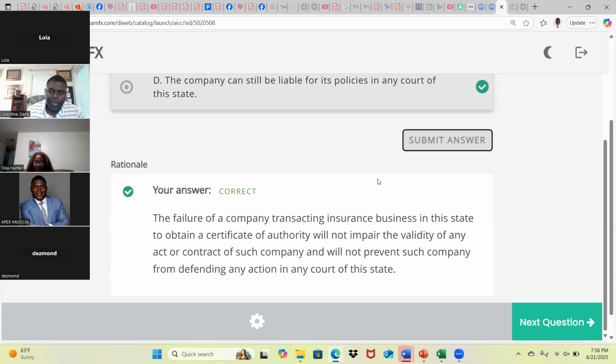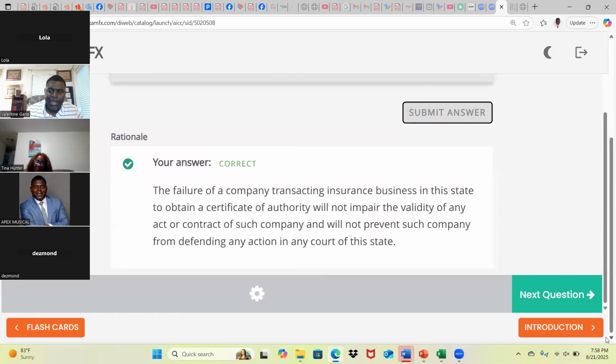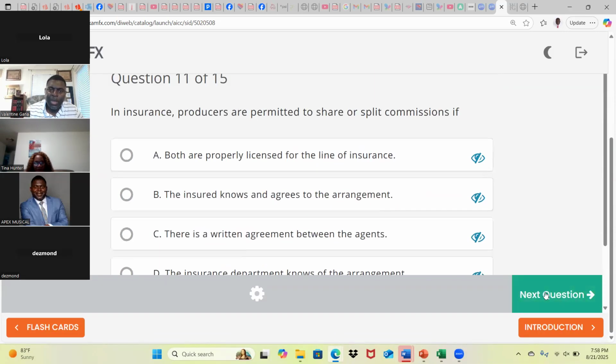See how they connected that to one of the answers given there too. So they are still liable in the court of law. So we're learning.